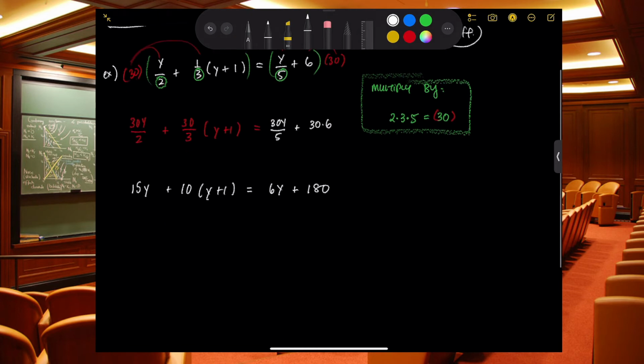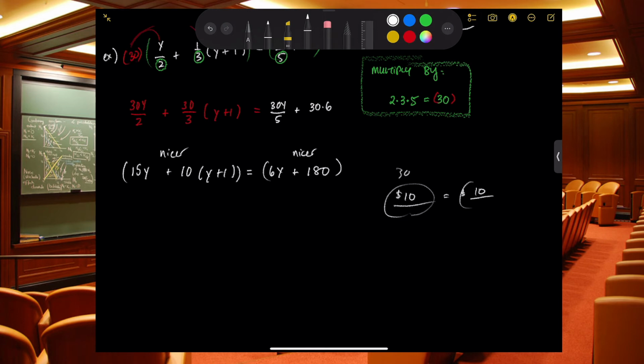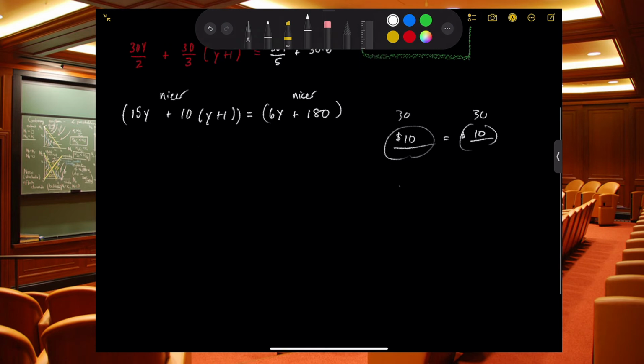All right, and so now we have an equivalent equation, but it's nicer on the left and it's nicer on the right. It's the same way of saying, if something on the left is equal to $10 and something on the right is equal to $10, and we have some process that inflates them both by 30, by the balance principle, $300 is the same as $300.